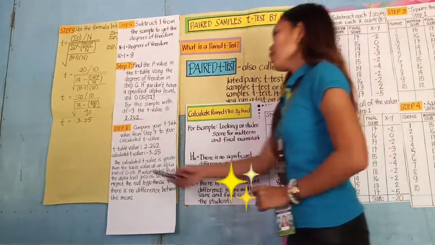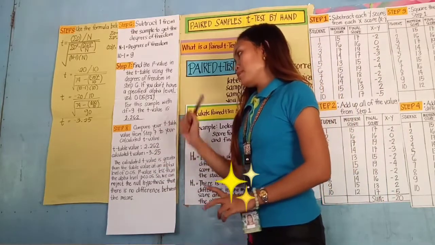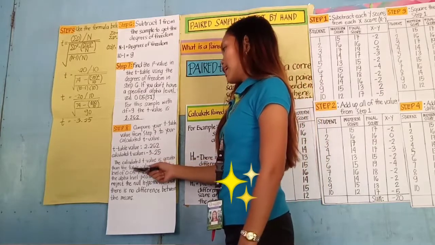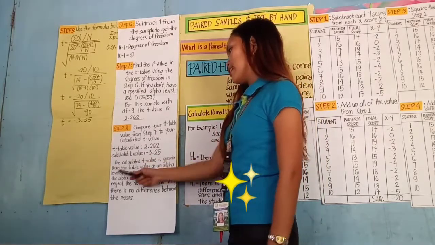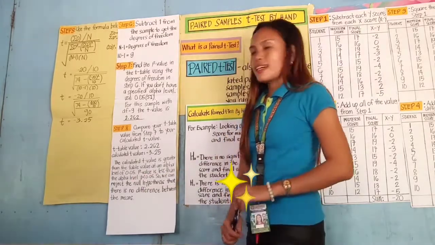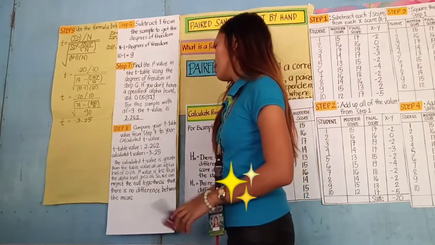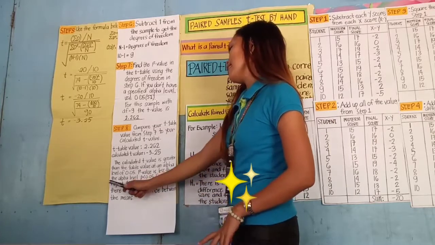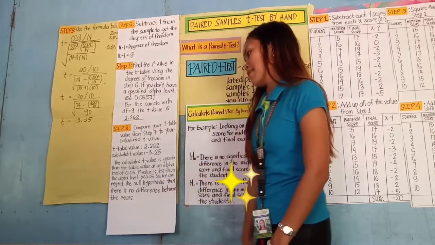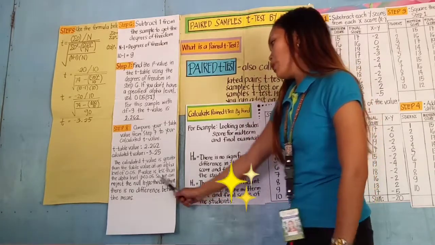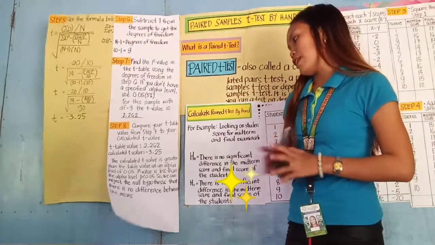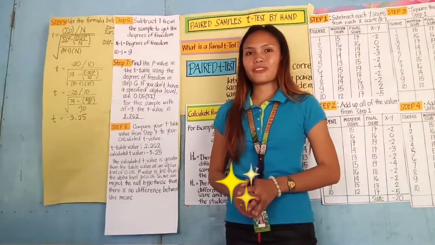The calculated t-value is greater than the table value at an alpha level of 0.05. So, the p-value is less than the alpha level. So, p is less than 0.05. So, we can reject the null hypothesis that there is no difference between the means.